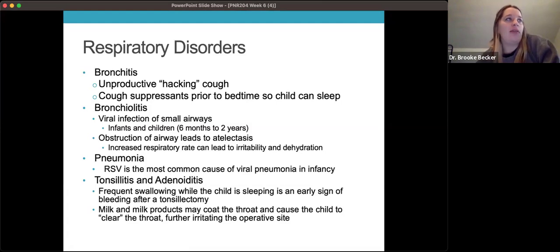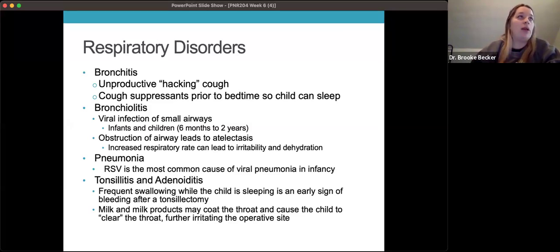So if kids have a tonsillectomy or an adenoidectomy or both, and you see kids swallowing a lot, then you really want to be concerned that that kiddo is bleeding after having their tonsils removed. Obviously, having them follow a soft diet or a liquid diet hopefully helps to reduce those scabs coming off of those tonsil beds.